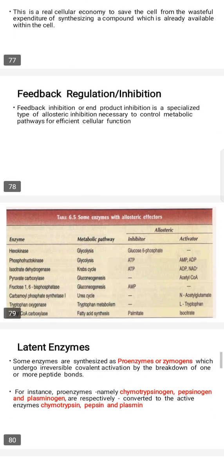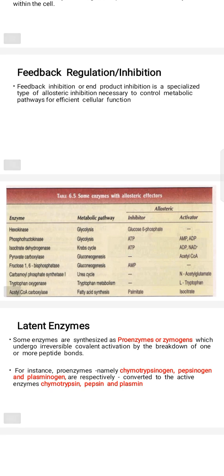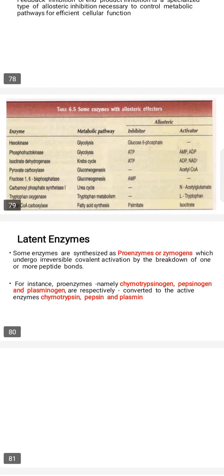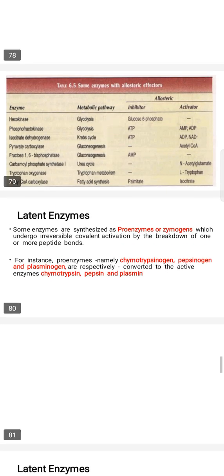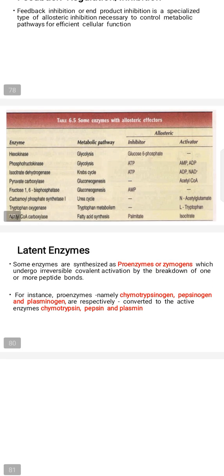So feedback inhibition or end product inhibition is a specialized type of allosteric inhibition necessary for control of metabolic pathways for efficient cellular function. Okay, so we have some enzymes with allosteric effectors. You will get the enzyme on the left part, then the metabolic pathway, inhibitor, then activator.